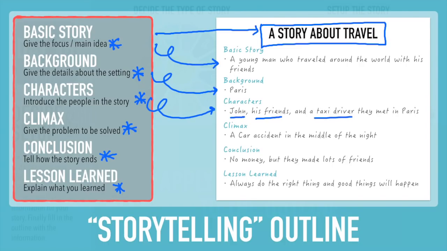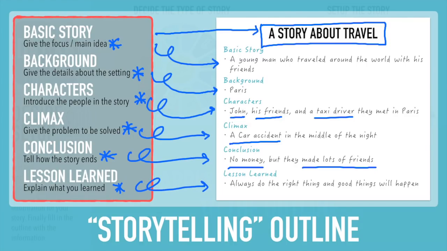They met in Paris. For the climax, I'm going to say a car accident in the middle of the night. For the conclusion, they had no money, but they made lots of friends. And the lesson learned, I'm going to say, always do the right thing and good things will happen. So again, before I even started writing my story, I actually have all of the information in my outline.